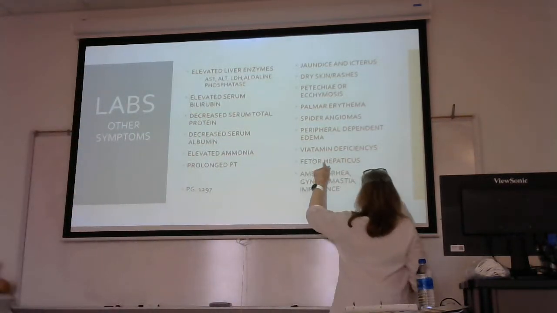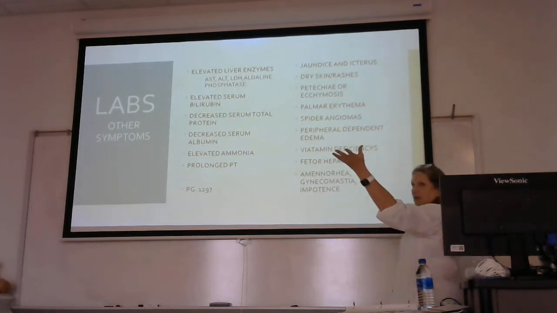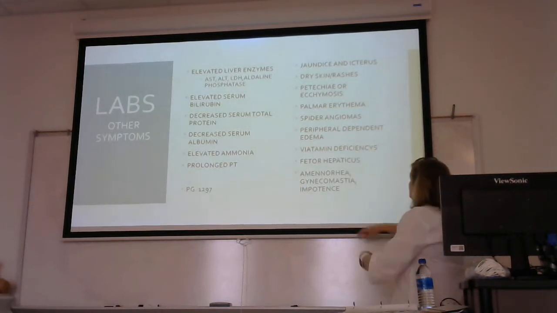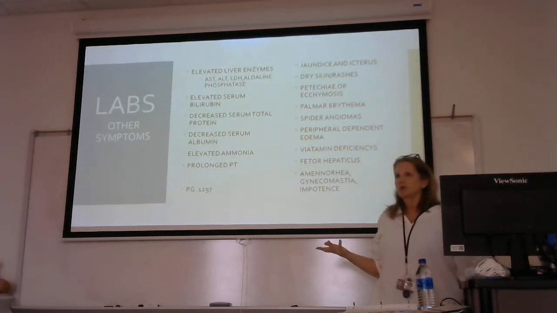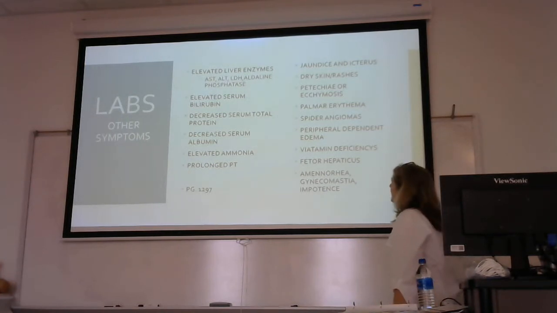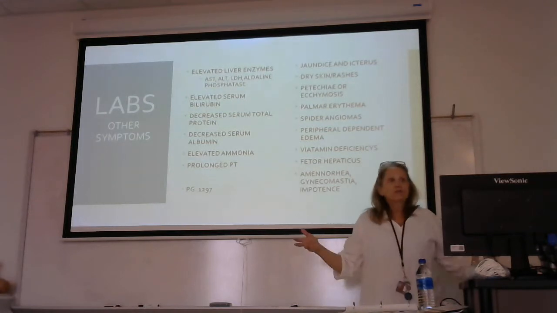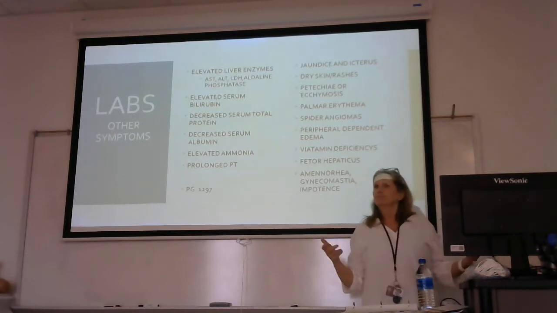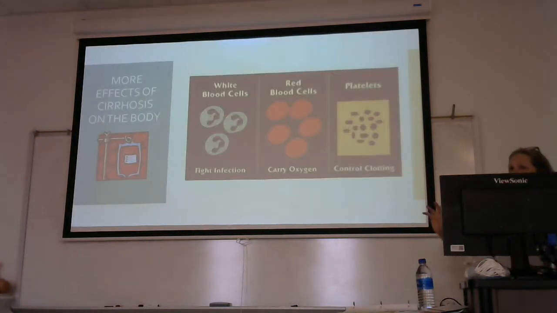This fetor hepaticus is the ammonia breath they develop because their ammonia levels get up so high. These spider angiomas are from that increased portal hypertension. Those big old veins on their belly. Vitamin deficiencies. Their liver's not storing it and they're not eating. Okay? So don't try to memorize that, understand the patho behind it and that'll come.